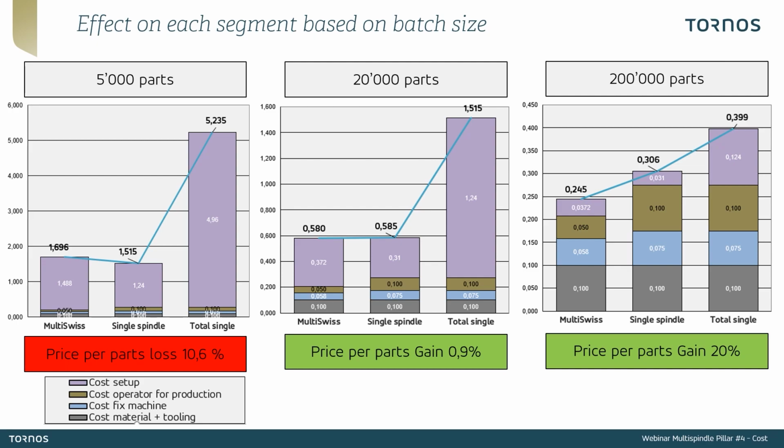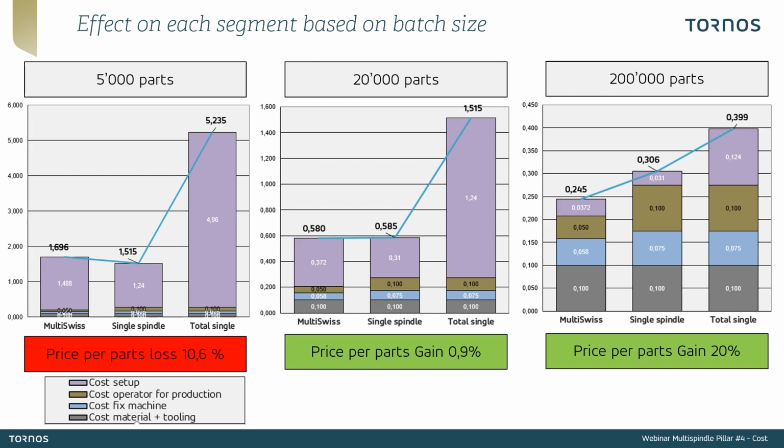And when you go higher, like 200,000 parts, the setup time is no longer very important. There are other parameters, like the cost for the operator, that are the driver. You can see that for this kind of volume, we have a gain of 20% if we go with MultiSwiss, even considering the same parameters. On the right column, the multiple single spindle solution will always be more expensive than one single spindle solution.